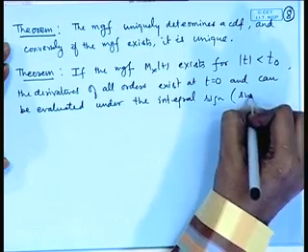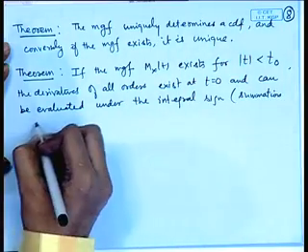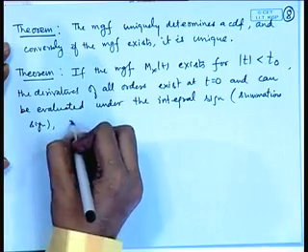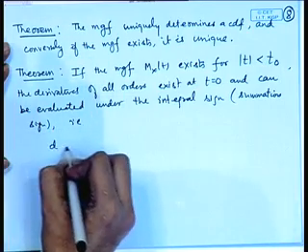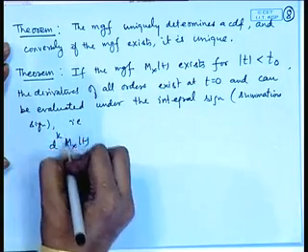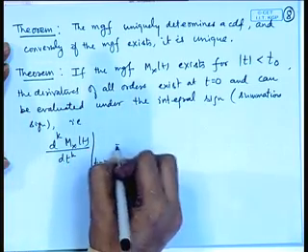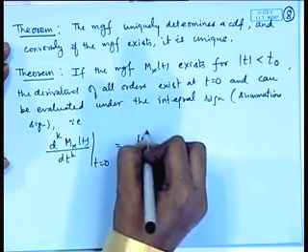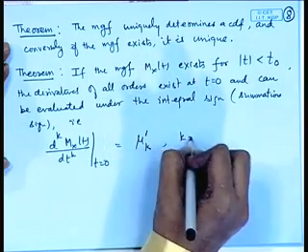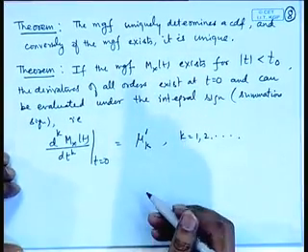Integral sign, or you can say summation sign, depending upon whether the discrete or continuous distribution is there. So, the derivative of the moment generating function of order k at t equal to 0 gives you the kth non-central moment. That is why it is known as a moment generating function.